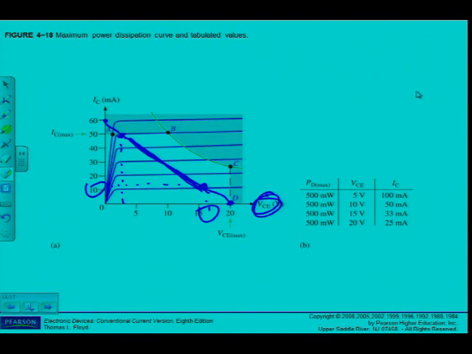Alright, so then I can calculate. If VCE is maximum, IC can be calculated as IC is equal to PD max divided by VCE, and if IC is maximum, VCE can be calculated by rearranging, so VCE is equal to PD max divided by IC, as we can see there in the textbook.